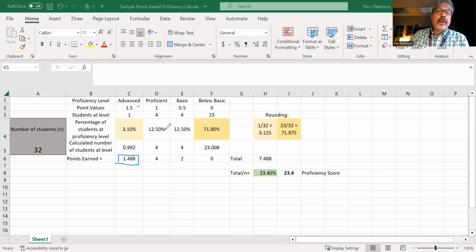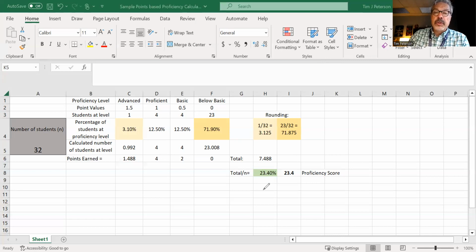Again, 4 times 1 is 4 points. 4 times 0.5 will get you 2, and 23.008 times 0 still ends up being 0. Adding all of these going across will get you a total of 7.488.